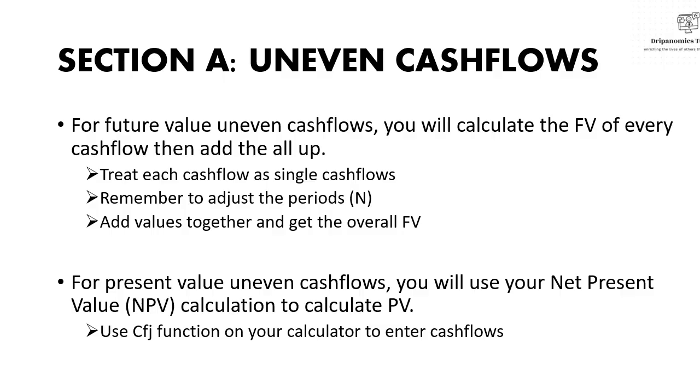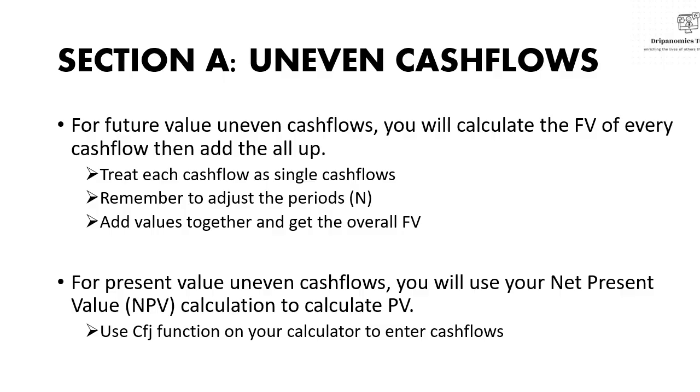You adjust your number of periods, and then you add the values at the end to get the overall future value. It might sound confusing now. I will show you an example just now. For present value and uneven cash flows, however, you use the net present value method to calculate the present value of uneven cash flows. I will also show you how to do that.